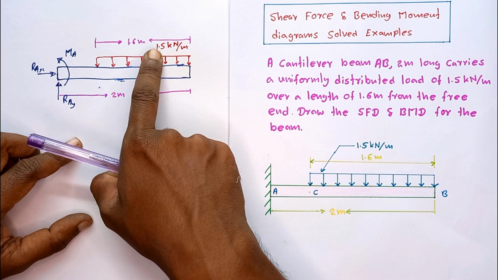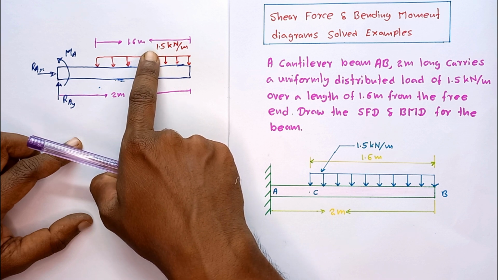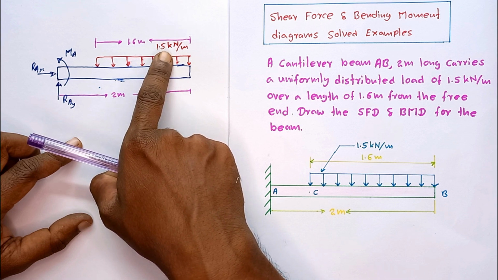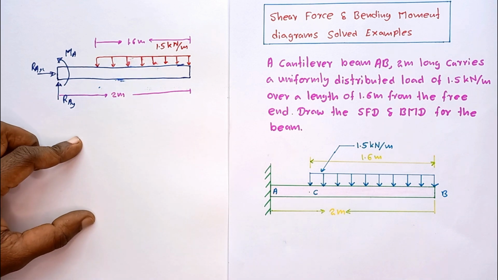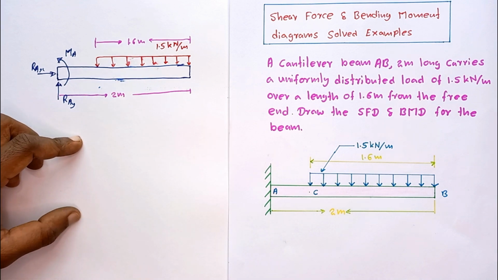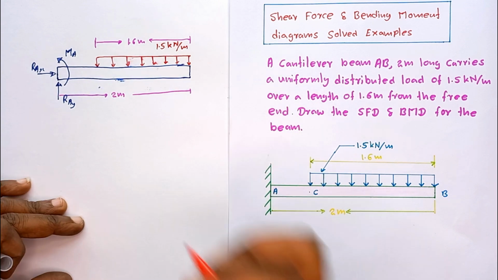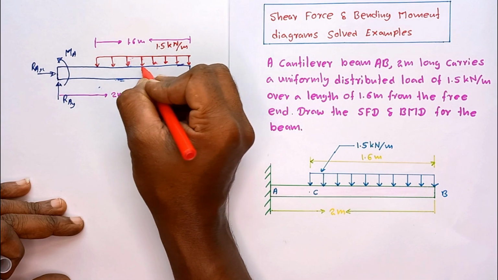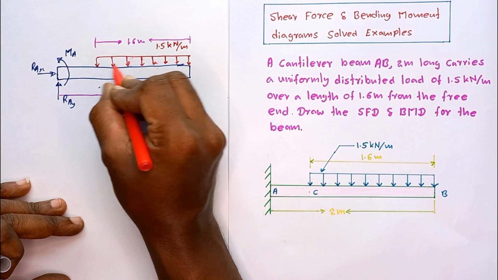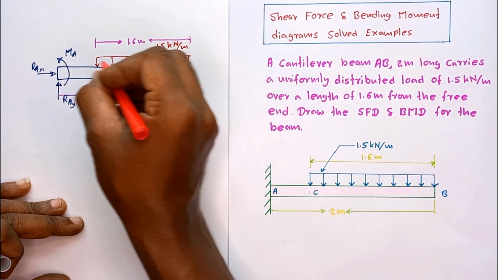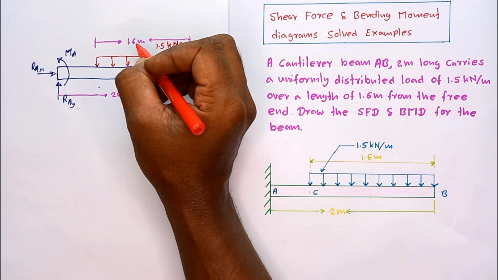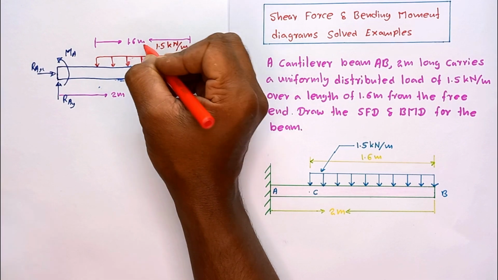That means if you take a one meter length, the load acting is equal to 1.5 kilonewton. Here the load is acting over 1.6 meters, so the resultant of this distributed load we can mark as 2.4 kilonewton, acting at the middle. You can see all of these are parallel forces, and the resultant of the parallel forces acts at the middle.